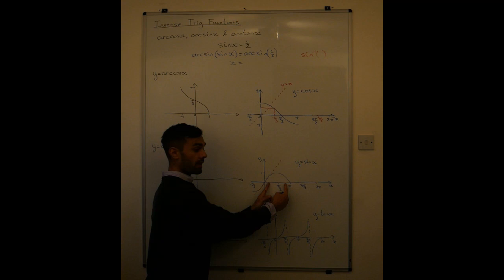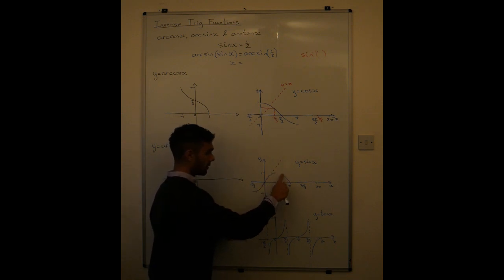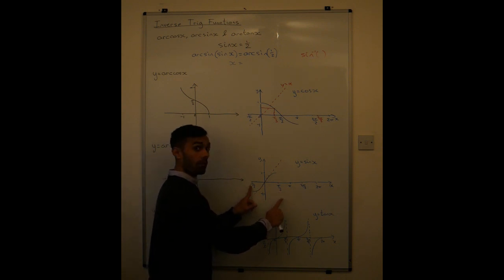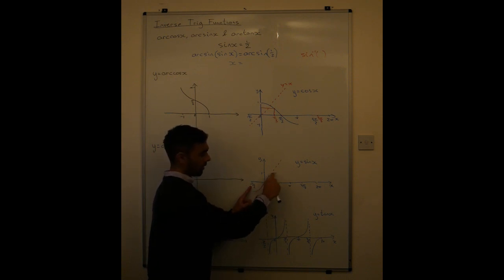If I take 2 points here, they go to the same y value. So I'm going to have to restrict it even further. So I've got from 0 to pi over 2. Now that's a very small domain, and its range is only from 0 to 1. So to make sure we're mapping from -1 to 1, for sine we're going to consider the curve from minus pi over 2 to pi over 2. And there's our curve that we need to reflect.